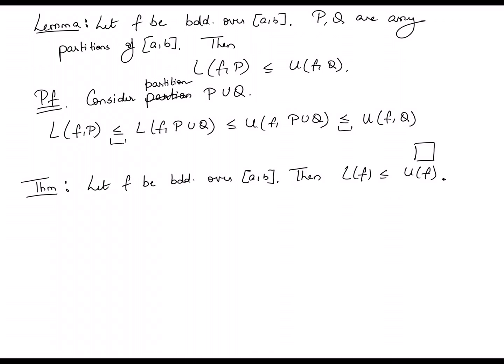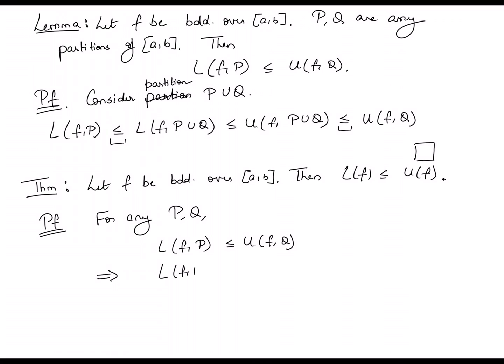Okay, so the proof is now going to be a trivial consequence of the lemma that we've written just above, that for any P,Q, L of f,P is less than or equal to U of f,Q, right? So all I'm going to do is take the infimum over Q and the supremum over P. So I could do this sequentially.